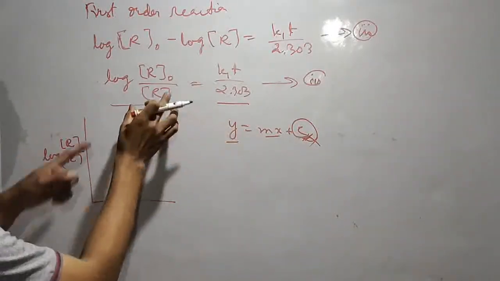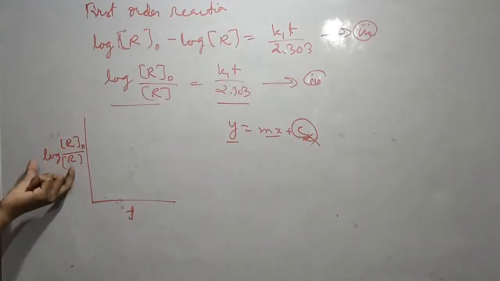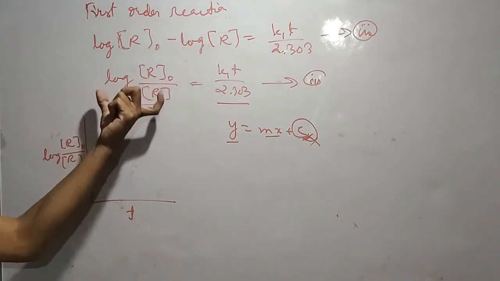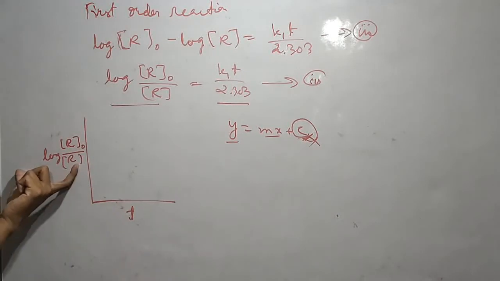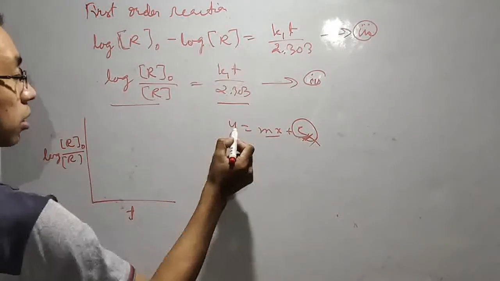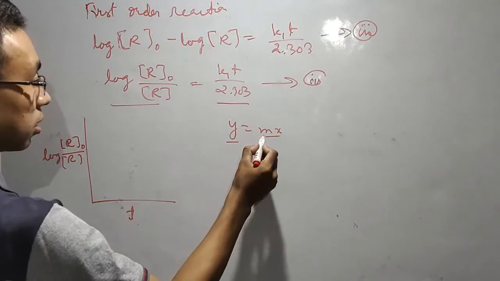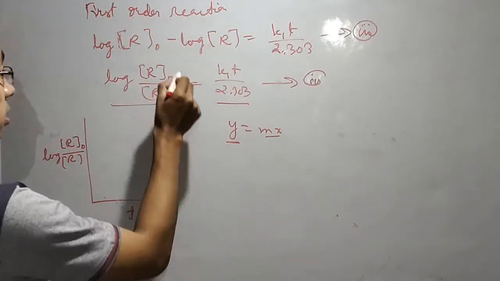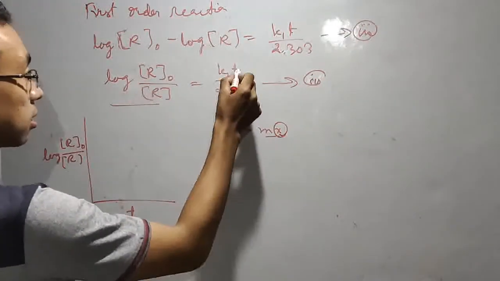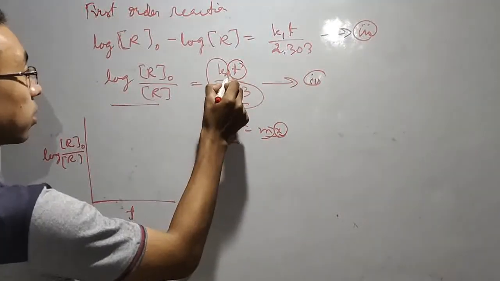If we do the graph based on this one, we take the y-axis as this whole term and the x-axis is t. Suppose this one is gone for now, it is 0. Then y is this one, x is this one, and m is k1.